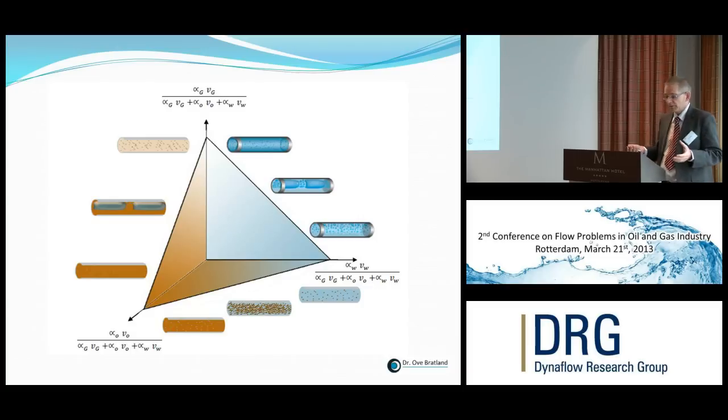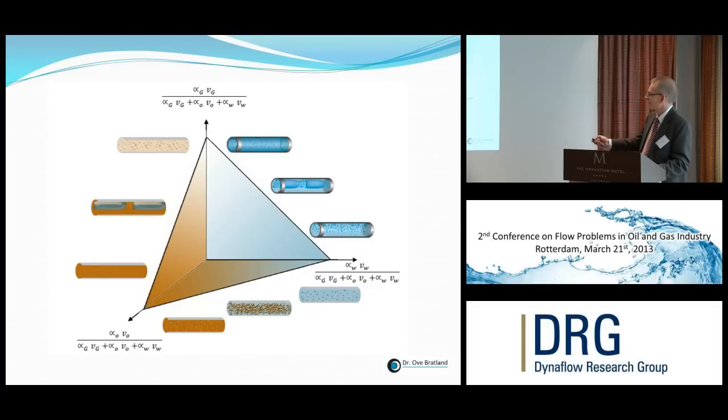The number of combinations of flow regimes that can arise when you have liquid and gas mixing in all sorts of ways is so ridiculously many that I haven't even tried to illustrate it in this diagram. If we have only gas and oil, then we have flow regimes of the type on the border here, or gas and water.